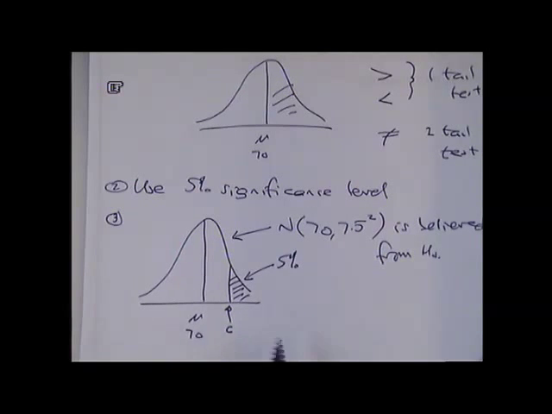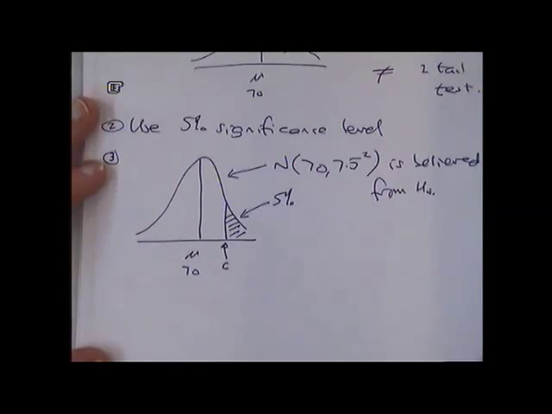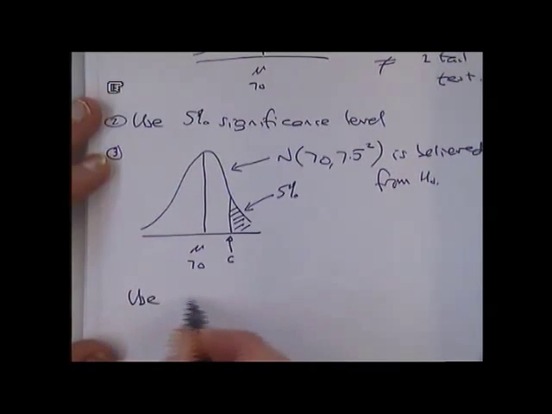If our sample mean is less than that C value, then we're going to conclude no, they're not heavier. Our sample has not concluded that they are heavier. We could have just got that by chance.